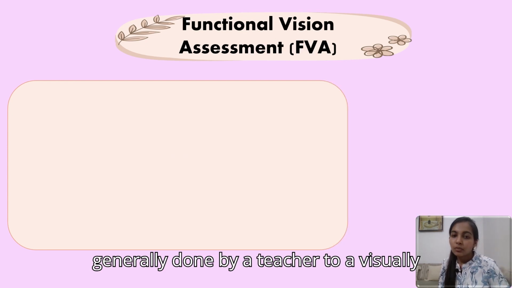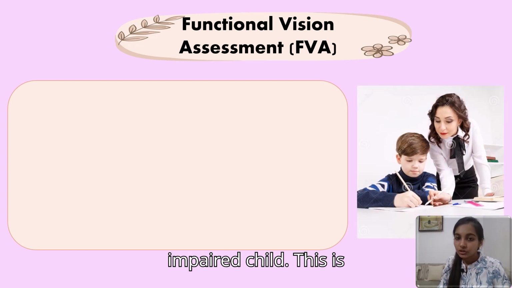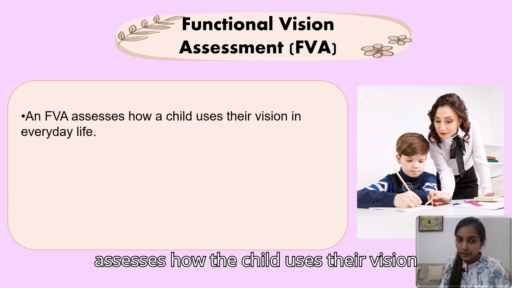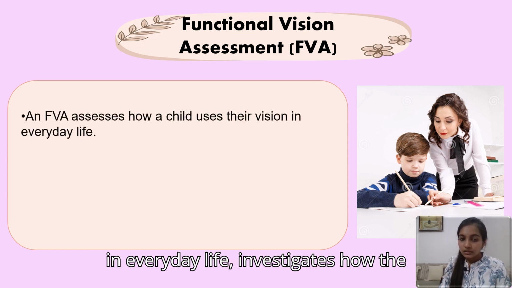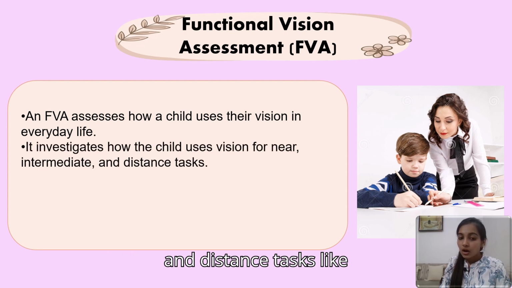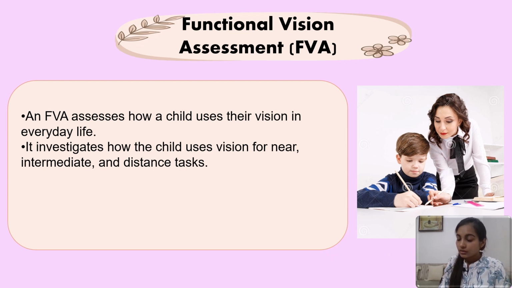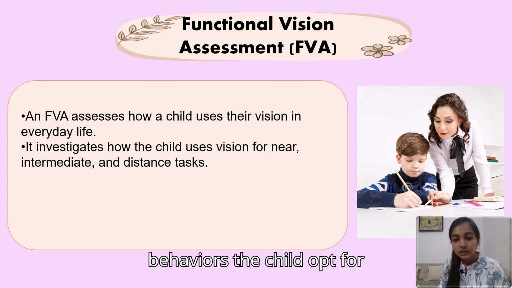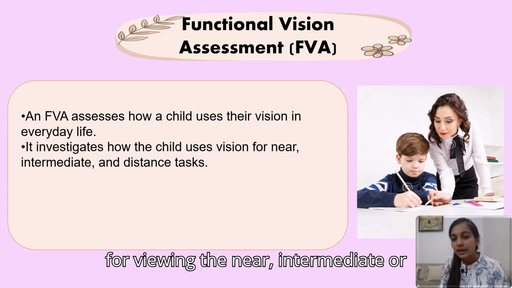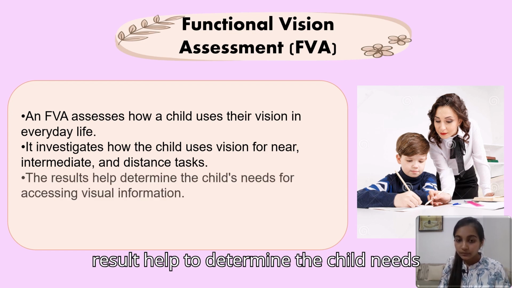Now let's talk about functional visual assessment. It is generally done by a teacher for a visually impaired child. This assesses how the child uses their vision in everyday life, and investigates how the child uses vision for near, intermediate, and distance tasks, like what kind of behaviors the child opts for when viewing near, intermediate, or distance objects.